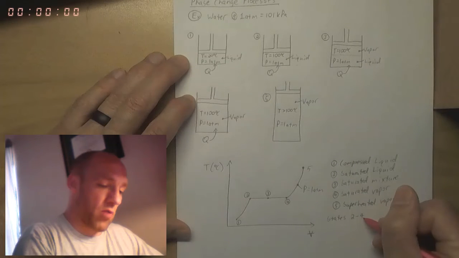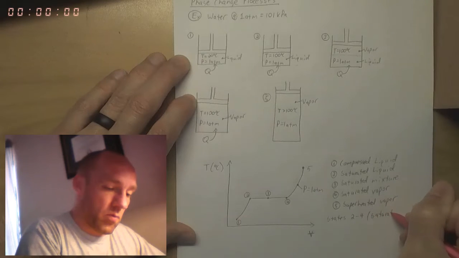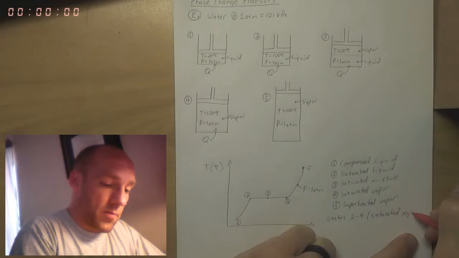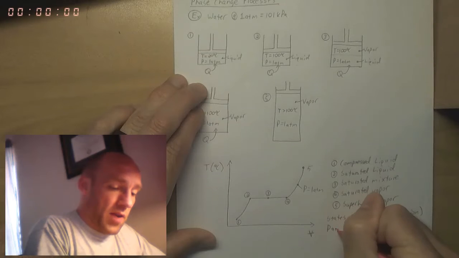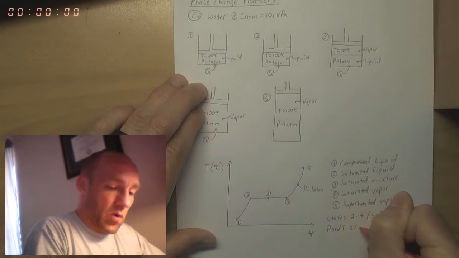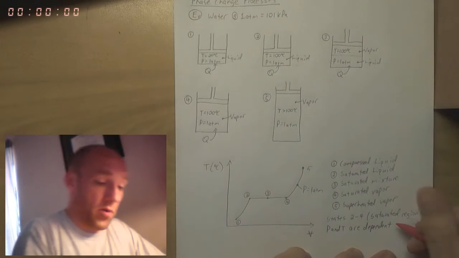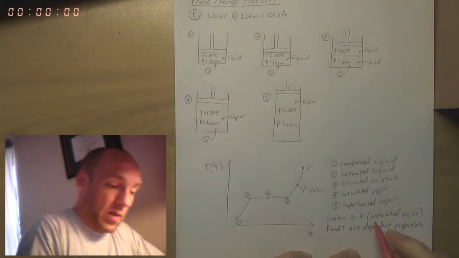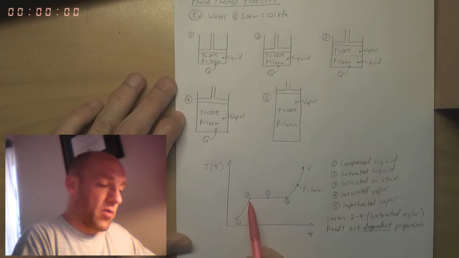So for states 3 through 4, the saturated region, I guess, pressure and temperature are dependent properties. Meaning I need to give you something else to fix the state.